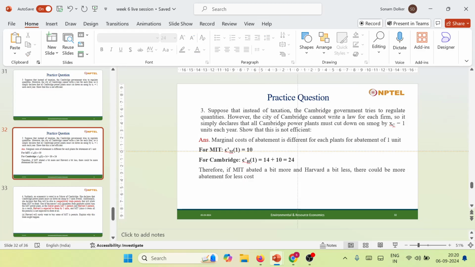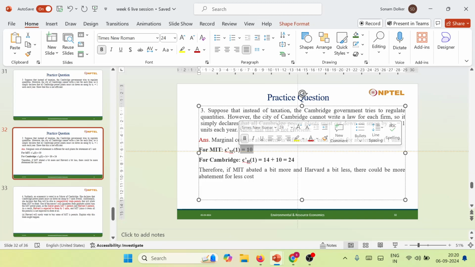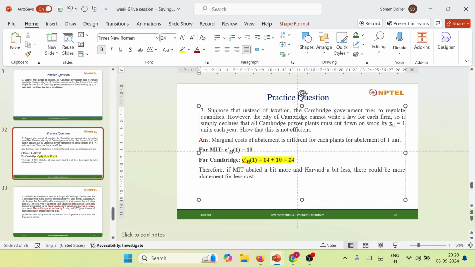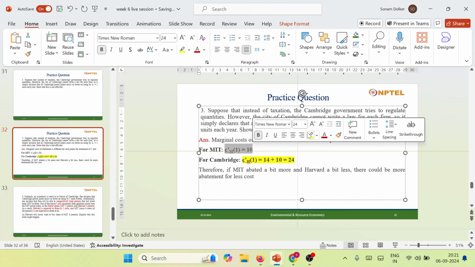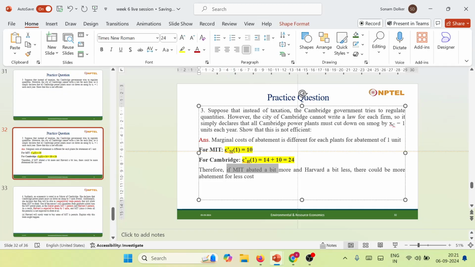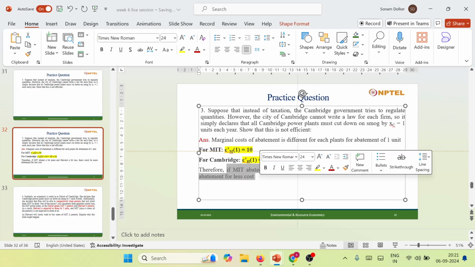For the first plant it is 10 only, but for the second plant, for the abatement of the same level of emission, the price is 24, right? So we can say that if MIT abates a bit more and Harvard abates a bit less, there would be more abatement with lesser cost.